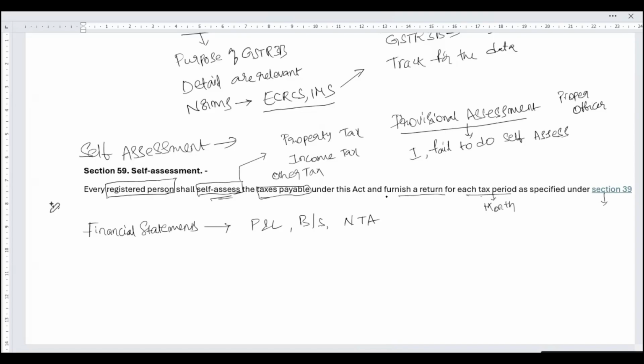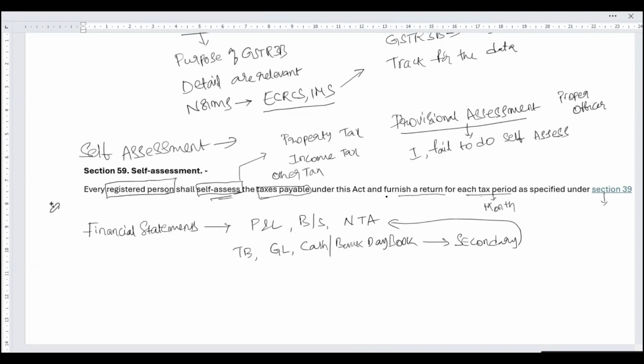Does it include trial balance, general ledger, cash day book, or bank day book? Now, please understand, these are all secondary, which aid us in preparing my financial statements. Without this, I cannot prepare P&L account, balance sheet, notes to accounts.